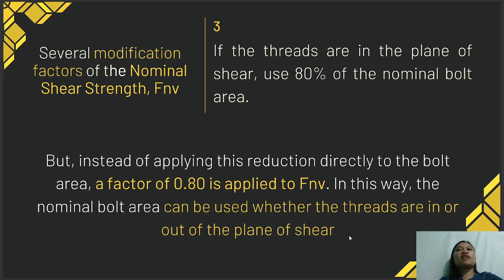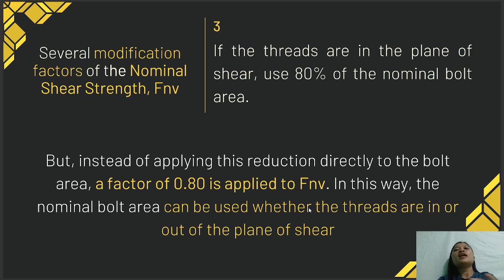Next, if the threads are in the plane of shear, use 80% of the nominal bolt area. However, we do not apply this 80% to the bolt area directly when computing the nominal bolt area. Instead, a factor of 0.80 is applied to the Fnv, the nominal shear strength.